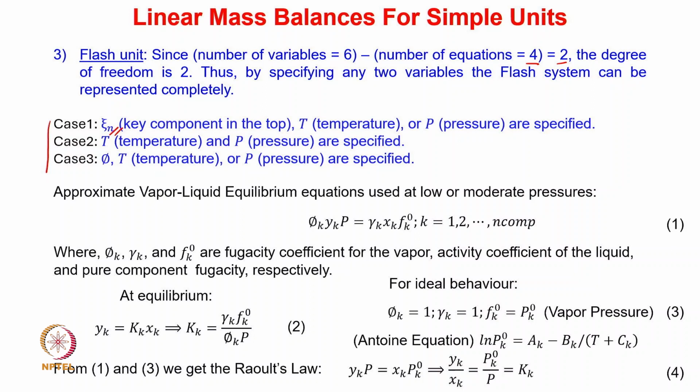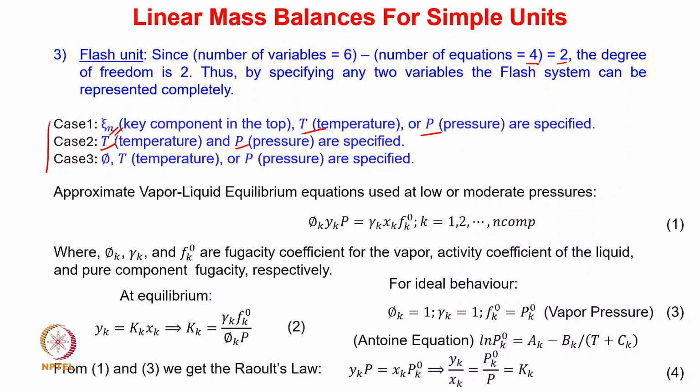So the split fraction in the vapor recovery for the key component n is given, and out of the remaining 2 variables, temperature and pressure, any one of them we are going to specify. Even if we specify one of these 2 and zeta n, then the system is completely specified and we will get a unique solution. Similarly, another case could be we can specify temperature and pressure, isn't it?